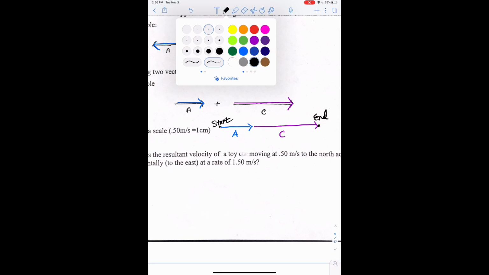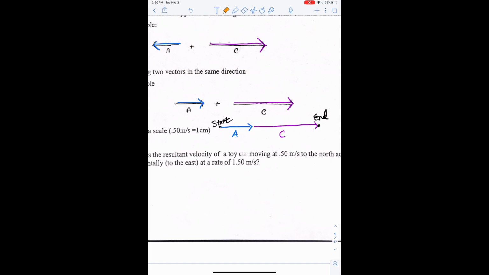I'll just go ahead and pick a different color here, maybe orange. I'm going to go ahead and draw a dotted line. I don't have to use a dotted line, but here I just like to. So there's R right there. So A plus C is equal to R.